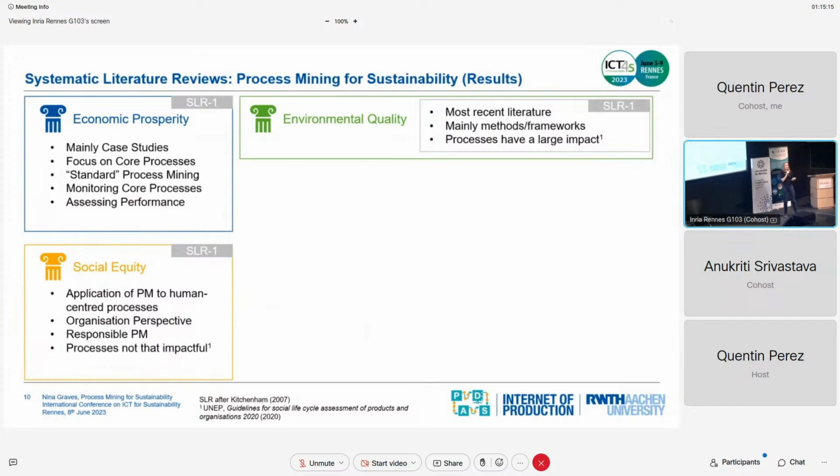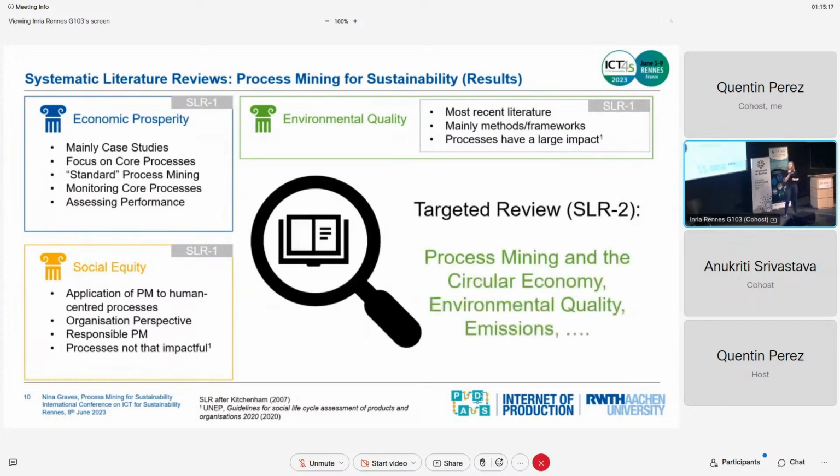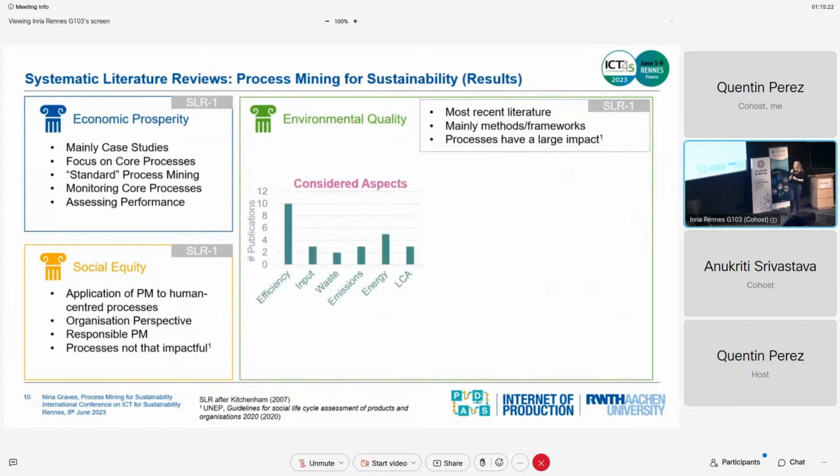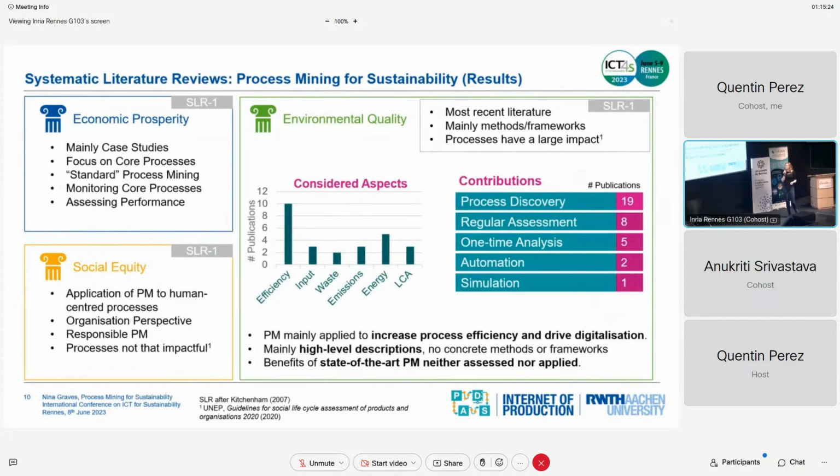So we did a second, more targeted review, taking a lot more keywords into account, and we found that the majority of works relate to an increase in efficiency. But just increasing the efficiency isn't enough.